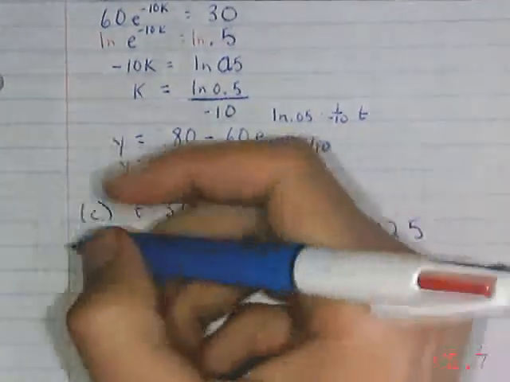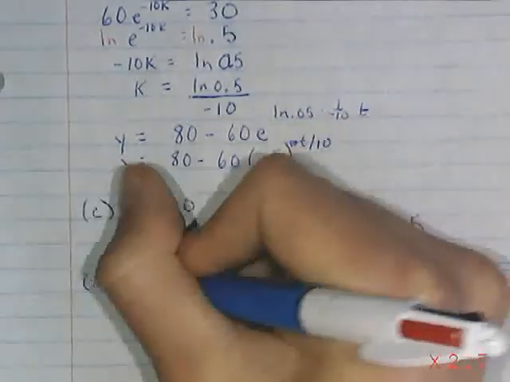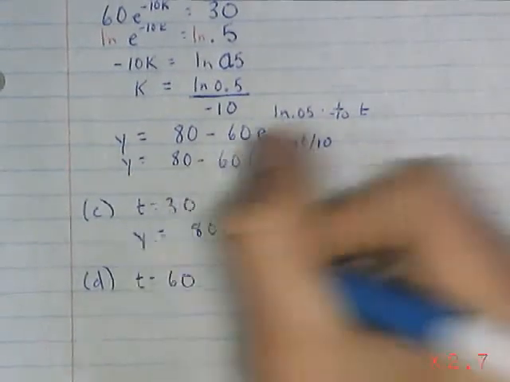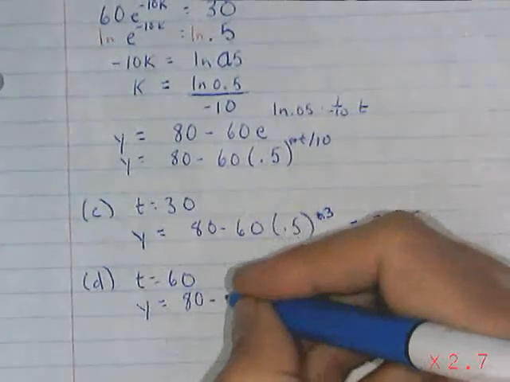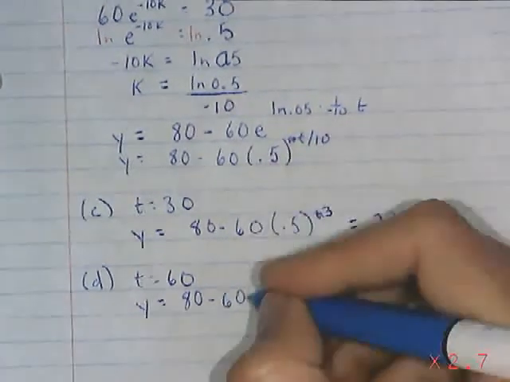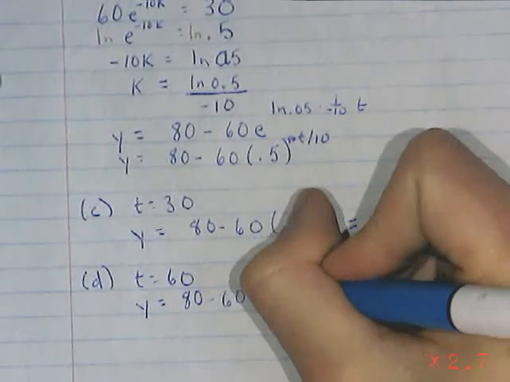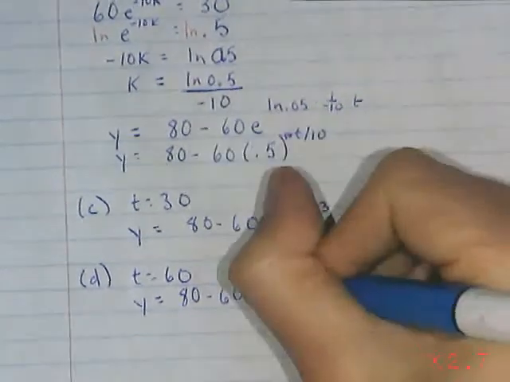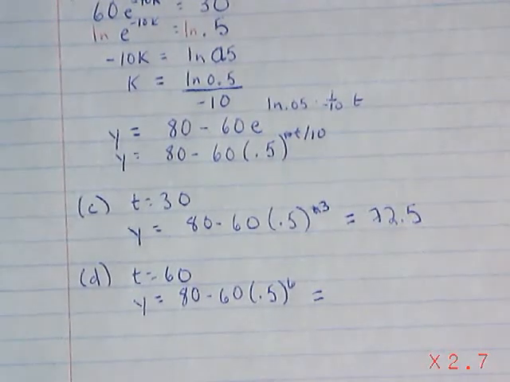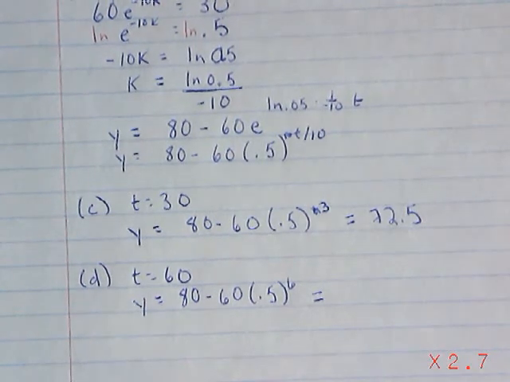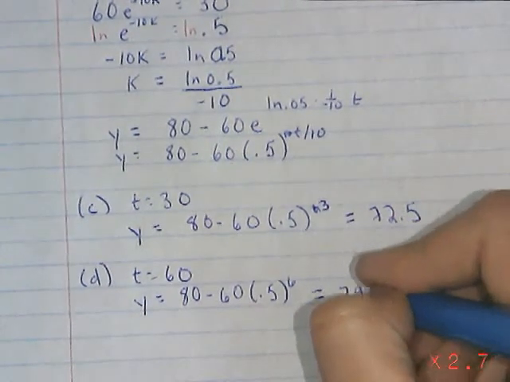How about after 60 days, which we'll call part D? Which is 80 minus 60 times 0.5 to the 6th, which comes out to 79.06.